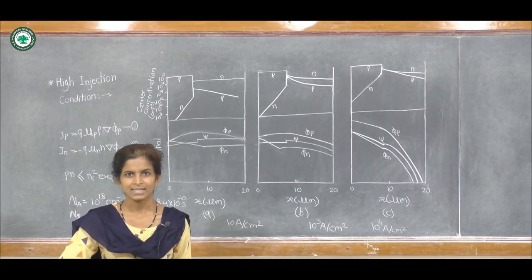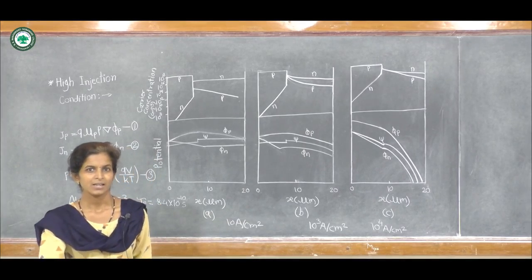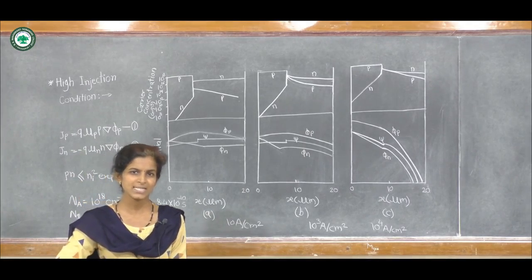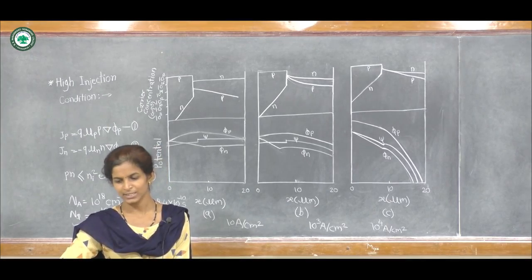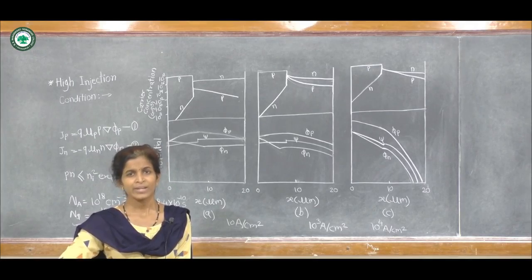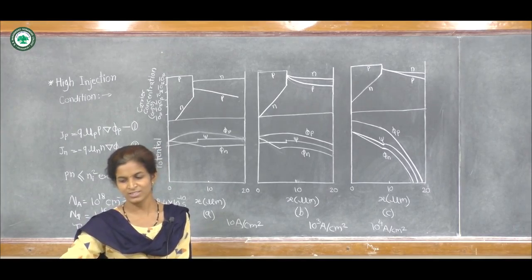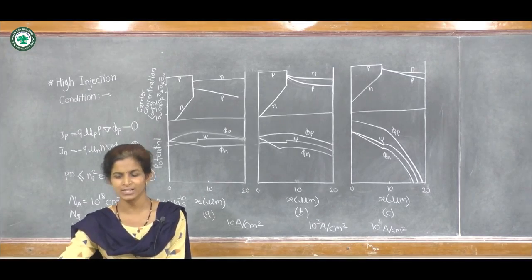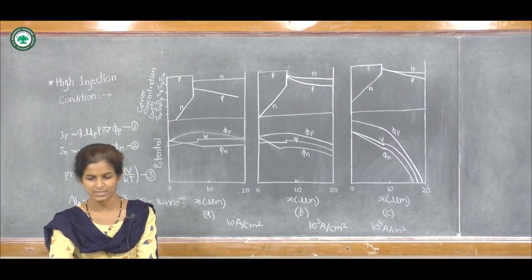The next condition is for the current density of 10 raised to 4 ampere per centimeter square. We have very high injection and the potential drop across the junction is insignificant compared to the ohmic drop on both sides.